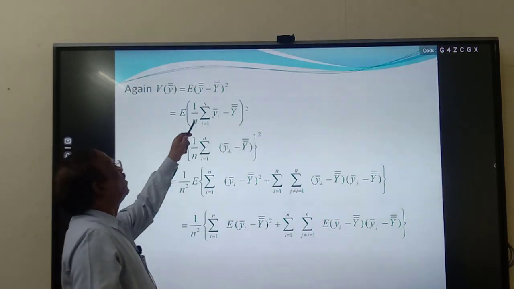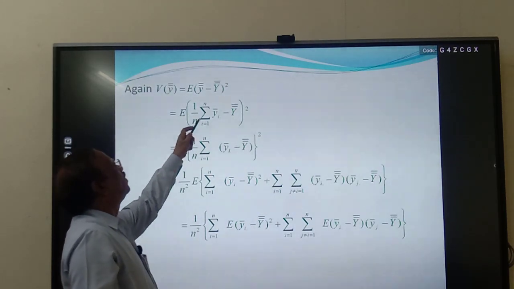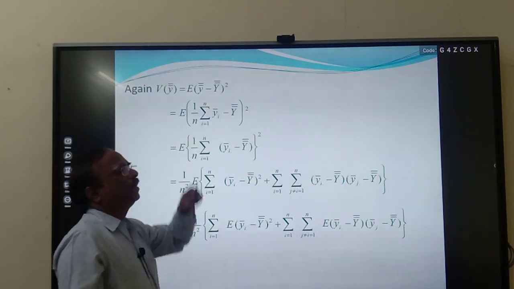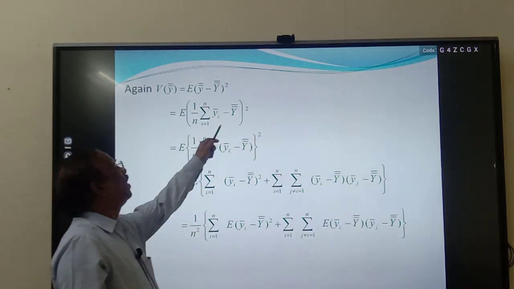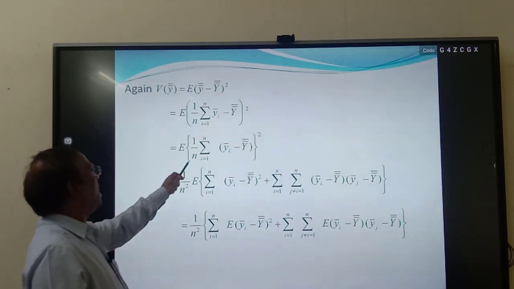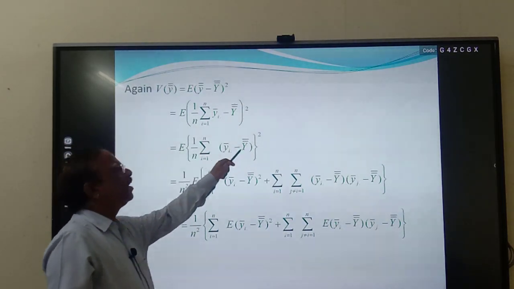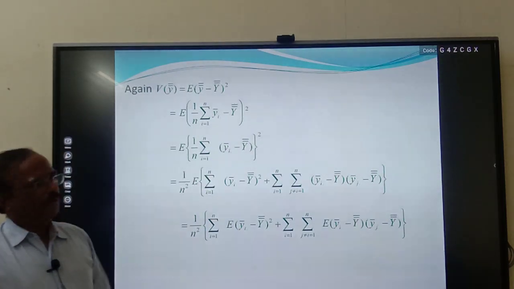Now this y double bar can be written as 1 by small n, sum i goes from 1 to n, yi dot bar minus Y double bar. Now we rearrange the terms like this: 1 by small n, sum i goes from 1 to n, yi dot bar minus Y double bar, whole square.